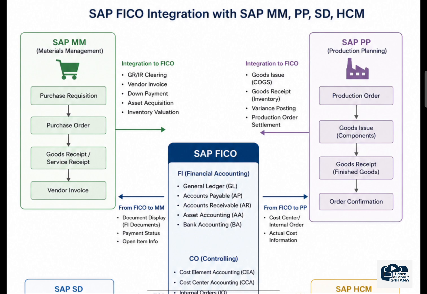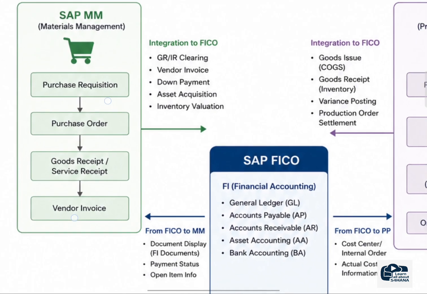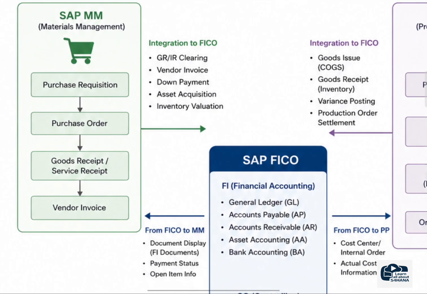In business terms, we can say the company's inventory increases while a liability is temporarily created. Next is the vendor invoice. The vendor sends the invoice, and in this step the financial accounting entry is: GR/IR account is debited and the vendor account is credited.